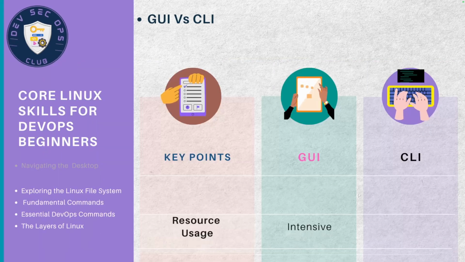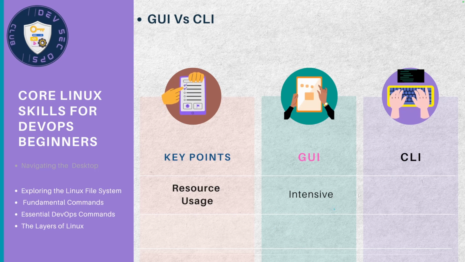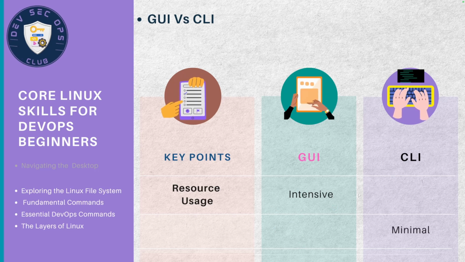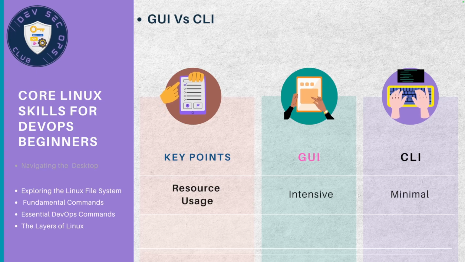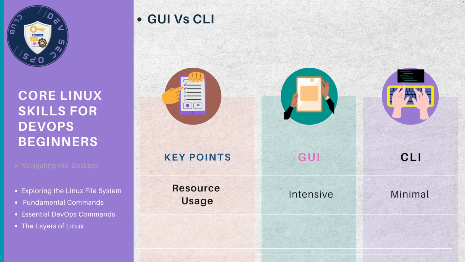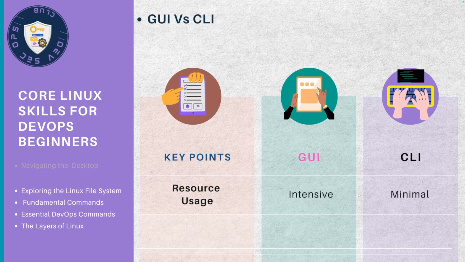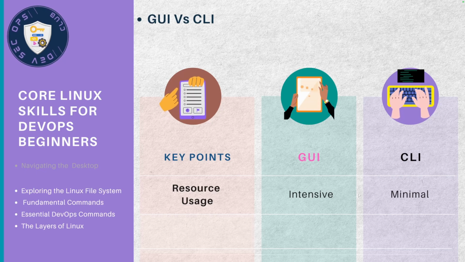Next point, the resource usage. In GUI it's resource intensive, and CLIs are minimal. Some of you already pinged me and mentioned that your system or laptop is not resourceful enough to install the operating system.